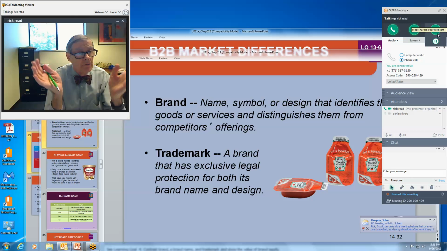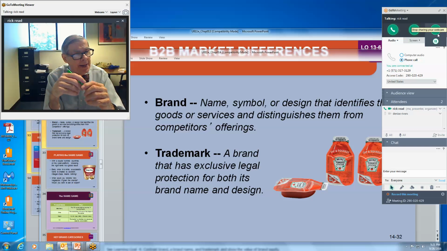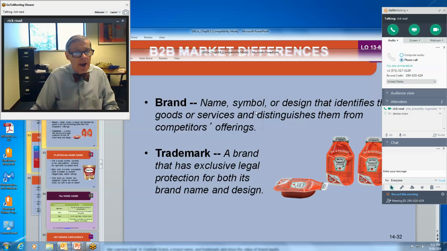All of those are very important. And it distinguishes this particular product from a competitor. A trademark is a little bit different. Here, a brand has, through the patent office, the trademark office, I think it's through the patent office, exclusive protection to use the brand name and the design, and nobody else may infringe upon that.